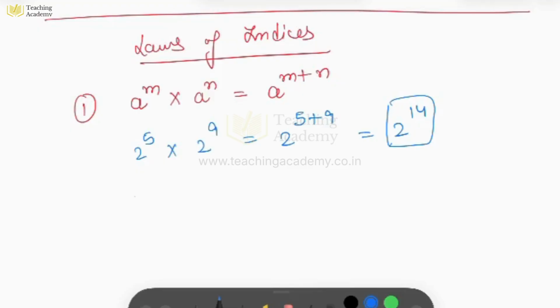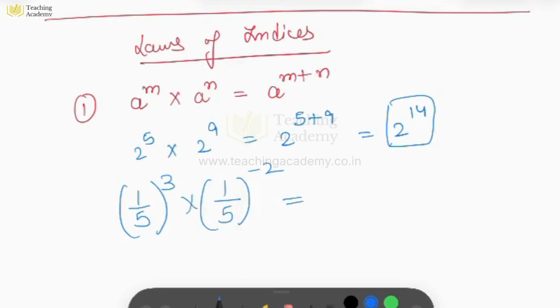If I'm writing something in fraction, if it is 1 over 5 to the power 3 times 1 over 5 to the power negative 2. Okay, here I'm not saying that the indices are going to change anything, but the bases are same. So I'm just using my law. So it is 1 over 5 to the power 3 plus negative 2, right?